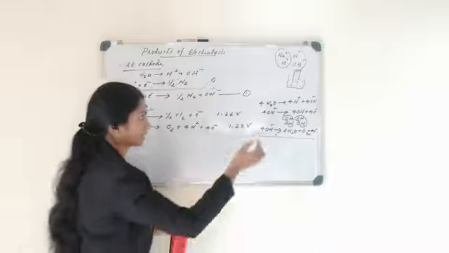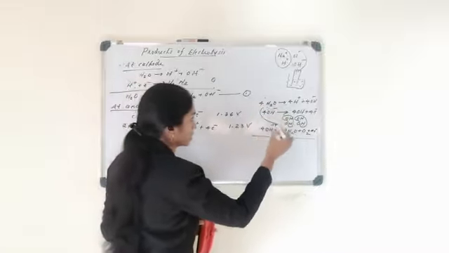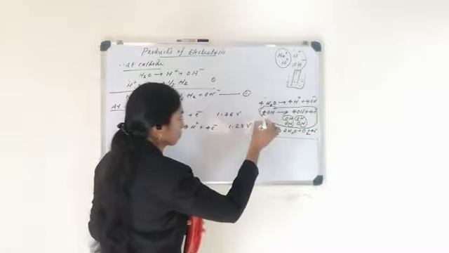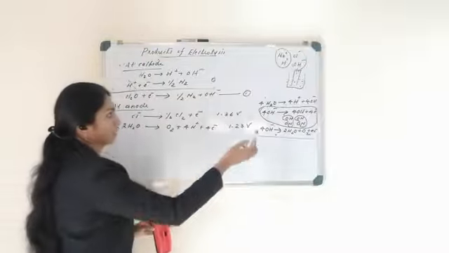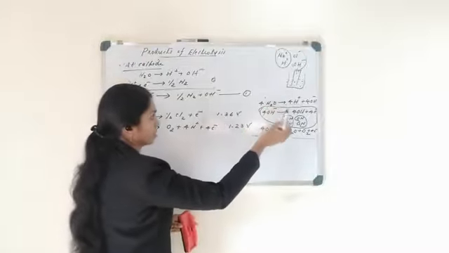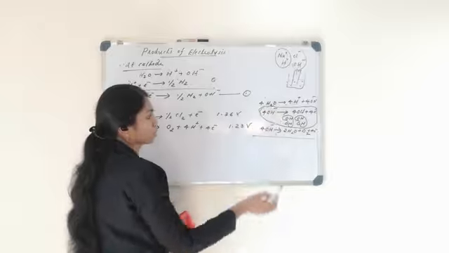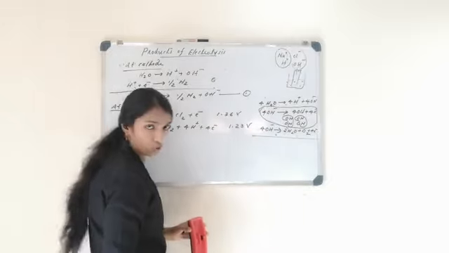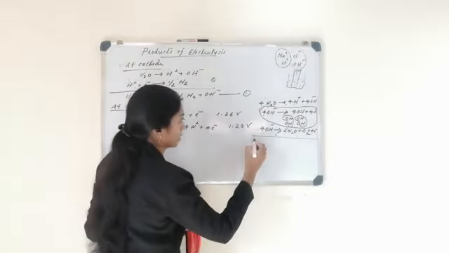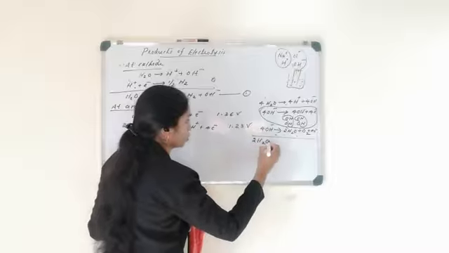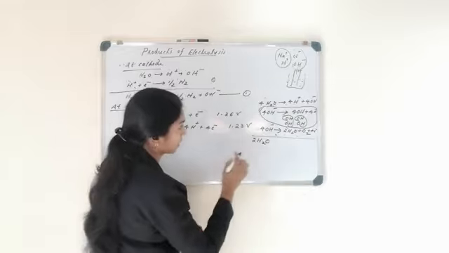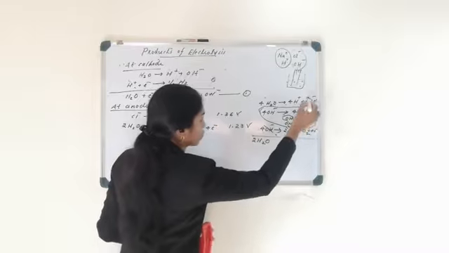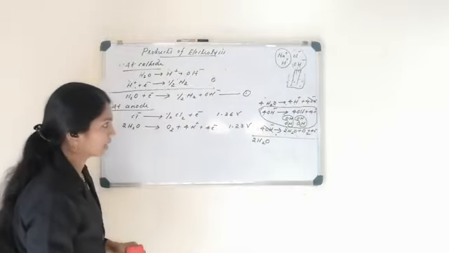Then 4H2O and 2H2O, that will cancel, and we will get 2H2O on the left hand side. Then this 4OH minus and this 4OH minus get cancelled.